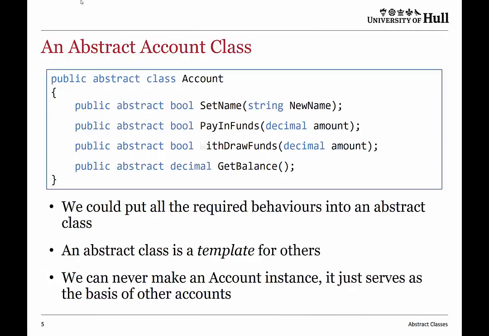It doesn't have any behaviours at all. We could never make an account because the account doesn't know how to do any of those things. But a checking account or whatever else works underneath this does provide these behaviours, and therefore we can make instances of that. Does that kind of make sense?